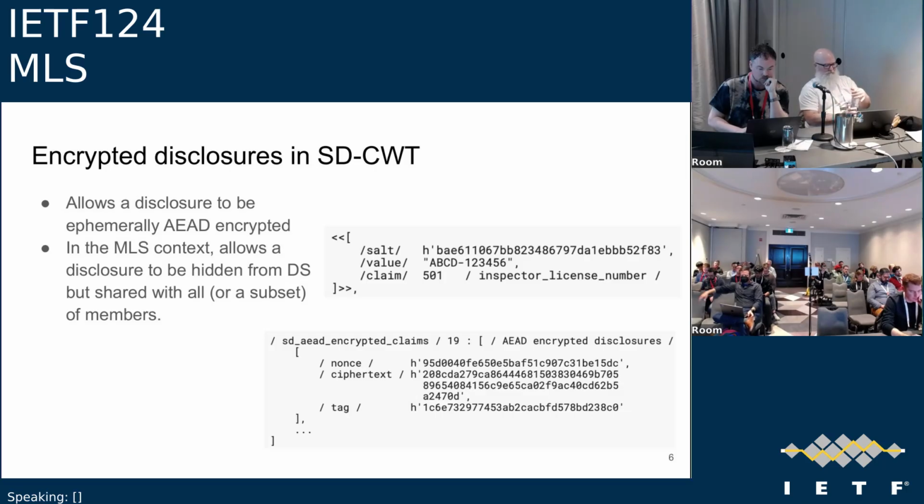So like the DS would not be able to see something that is in a credential, but the members or a subset of members, like the moderators, would be able to see it. And we've talked about several places where this would be a nice property to have. So if you have thought that that would be nice to have, here's one way we could address that.